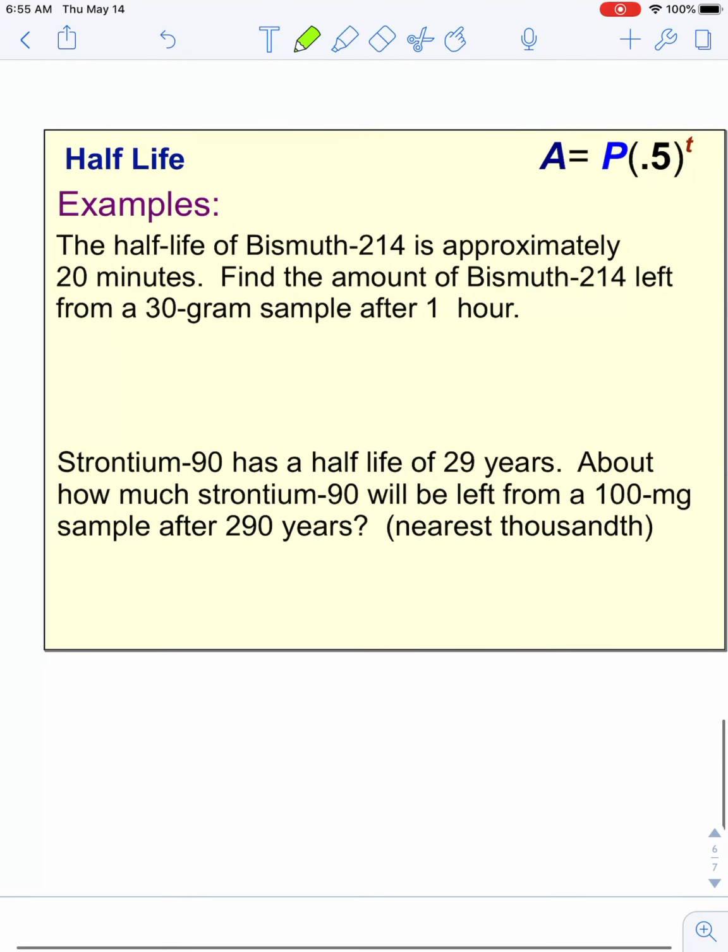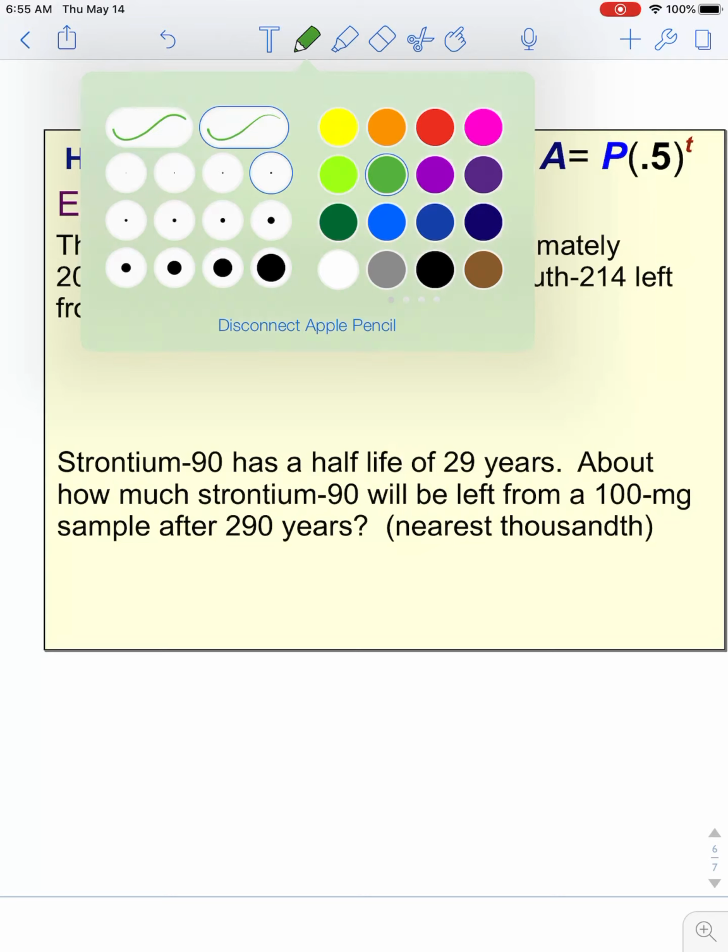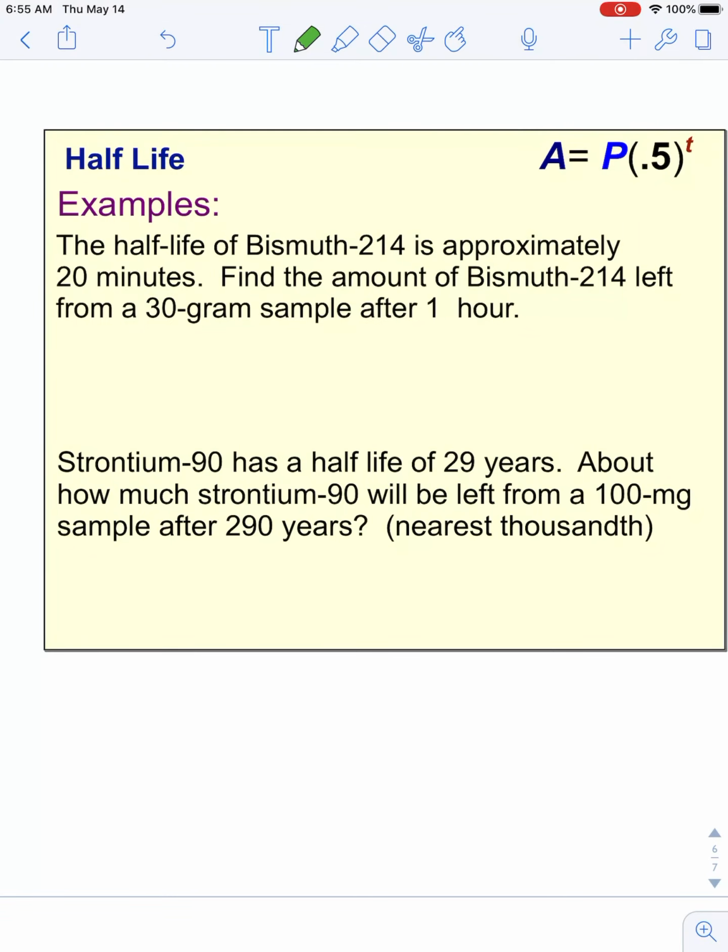So, all right, it says the half-life of bismuth 214 is approximately 20 minutes. Find the amount of bismuth 214 left from a 30-gram sample after 1 hour. So I always read them once and then I go back and look at it. Okay, this bismuth 214, don't get hung up on that. That's just the name of the substance.